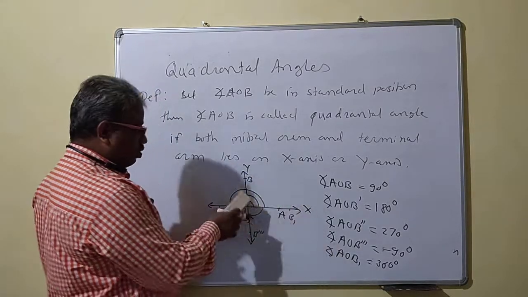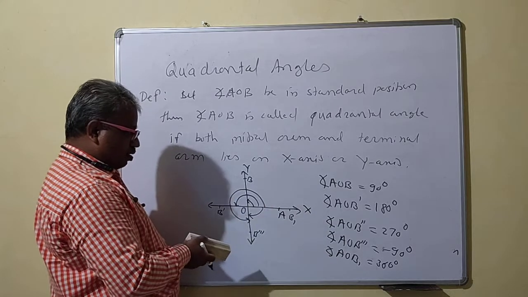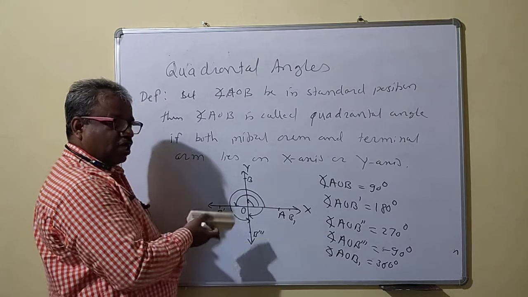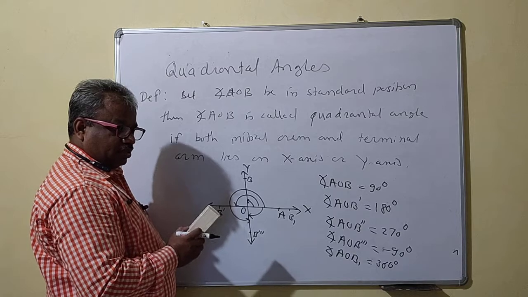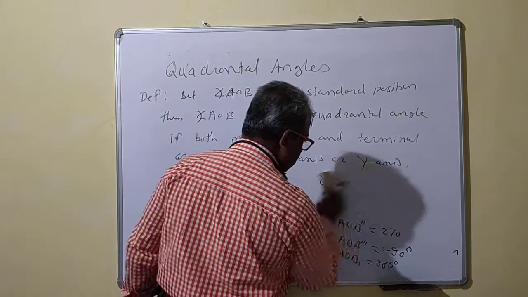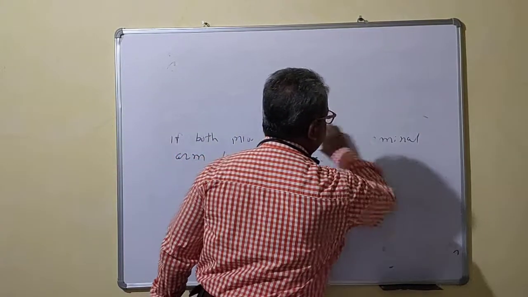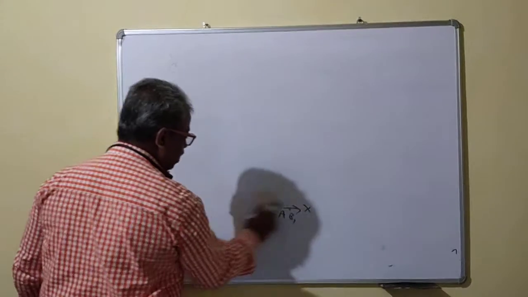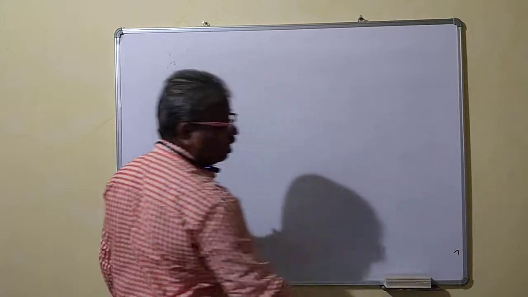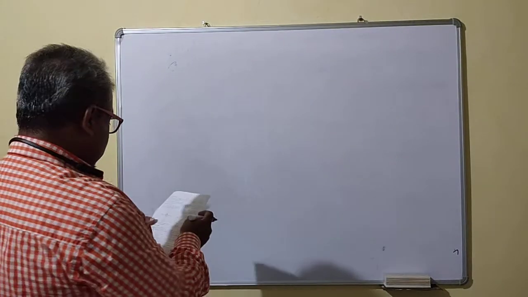Instead of saying multiple of 90 degrees, we can say the terminal arm lies on the x-axis or y-axis, then that angle is called a quadrantal angle. So this is very important: angle in standard position, directed angle, and quadrantal angles.